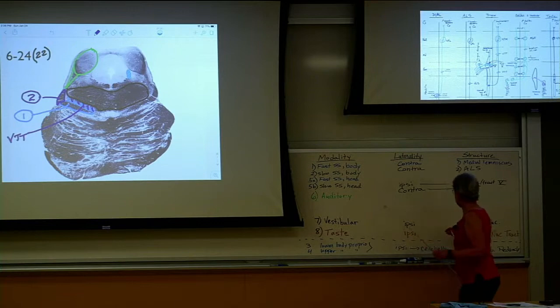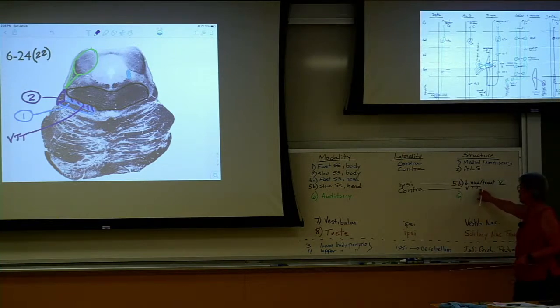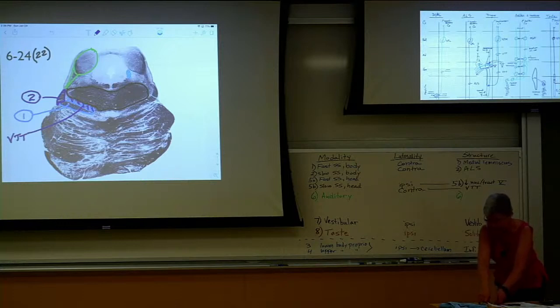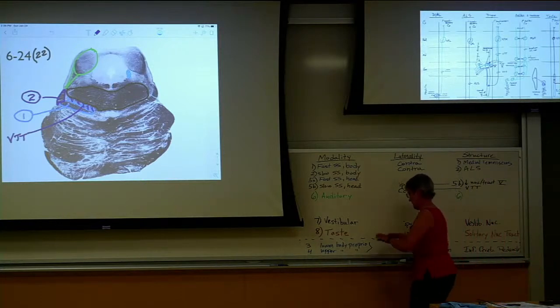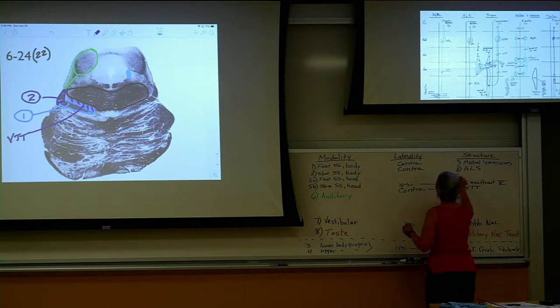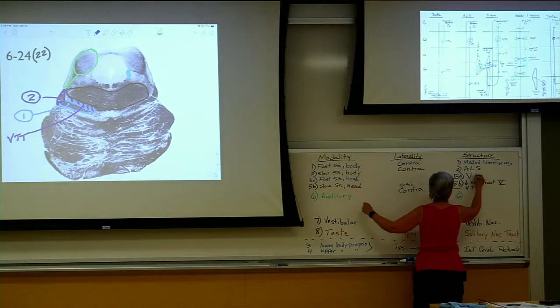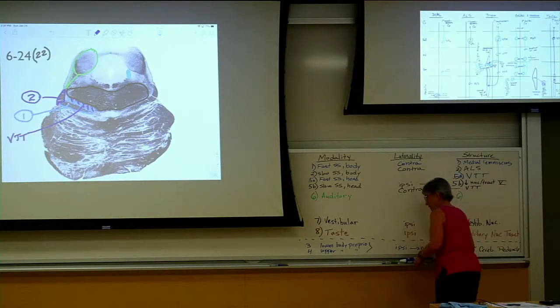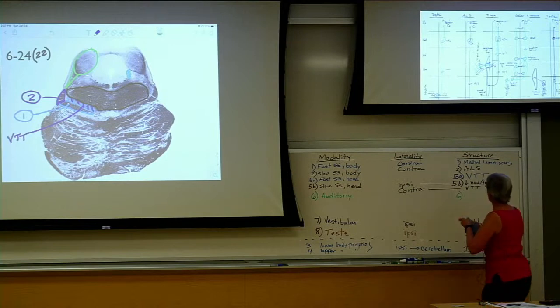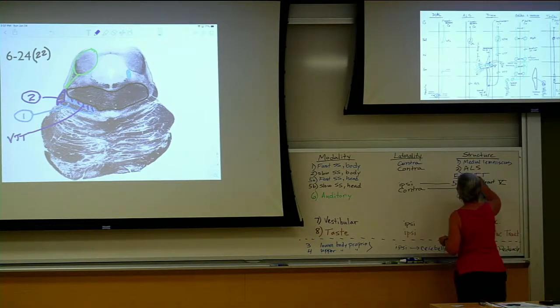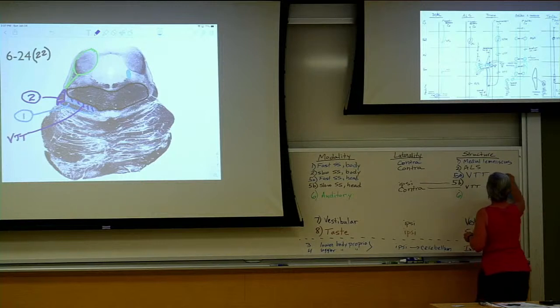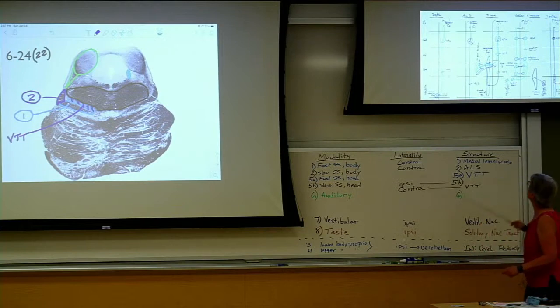So for VTT, you have to know where you are to know what's in it. And we're now at a level where fast somatosensory information from the head is also present in VTT, and therefore we are no longer seeing the descending nucleus and tract of the trigeminal system, of course, because that was all found inferior to the section where we are now.